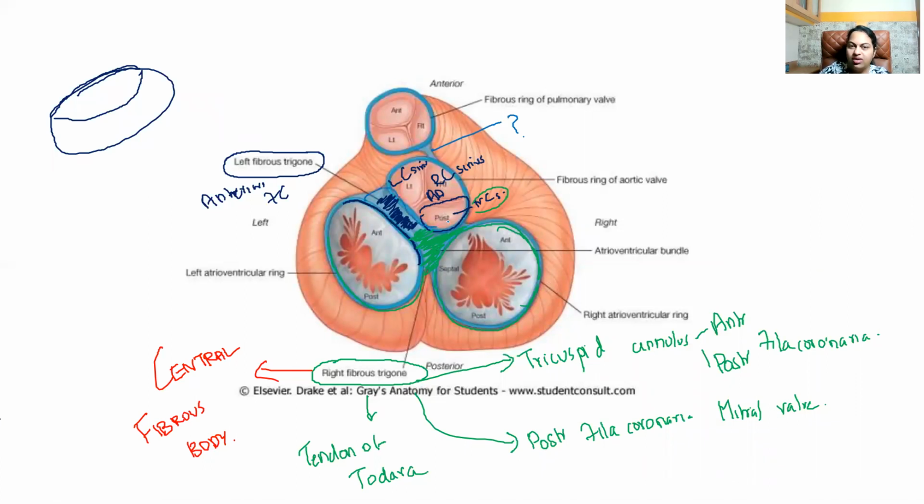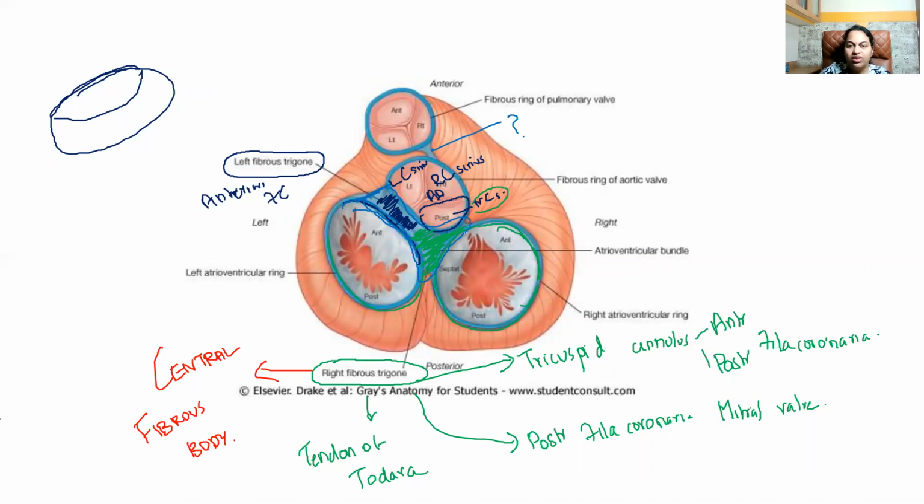The entire thing that you see between the aortic and AV valve, the collagenous tissue. And the left margin of it alone is called trigonum fibrosum sinistrum. What is the left fibrous trigone and right fibrous trigone? The collagenous tissue related to the left posterior aortic sinus gives attachment to the anterior fila coronaria of the mitral valve.